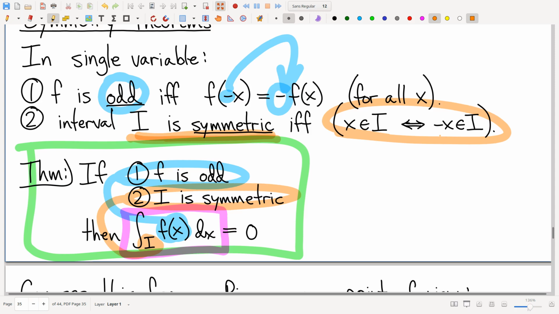So negative A to positive A, for example. If you reflect that interval, it's still negative A to positive A. Right? Okay. So big theorem: if your integrand is odd, if your domain is symmetric, then your integral is just 0. Drop the pen, walk away. Game over.